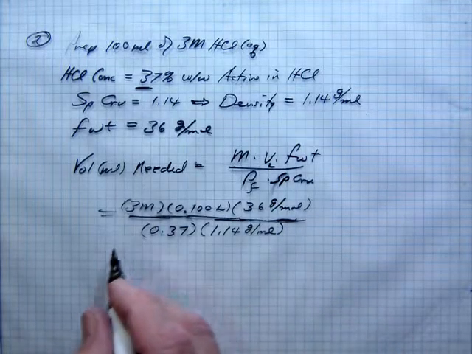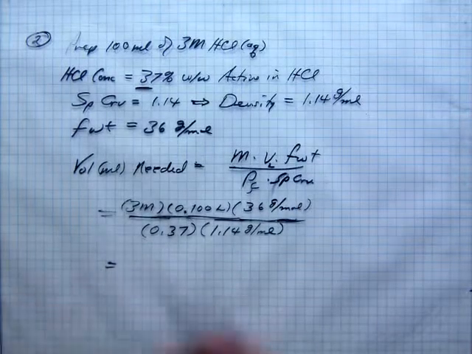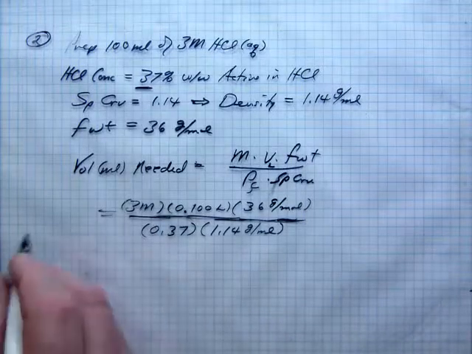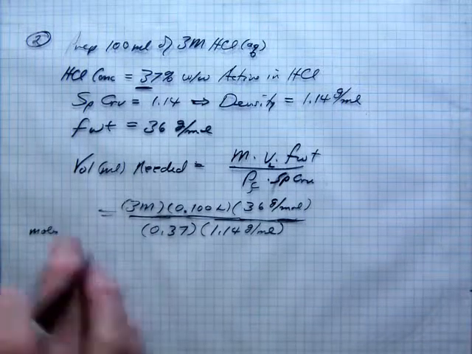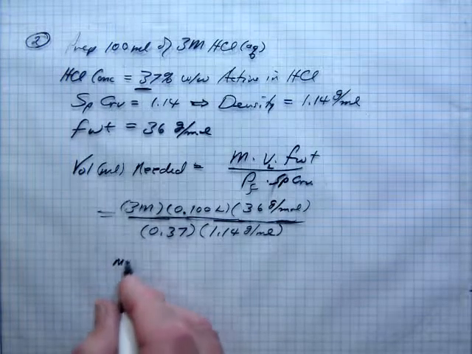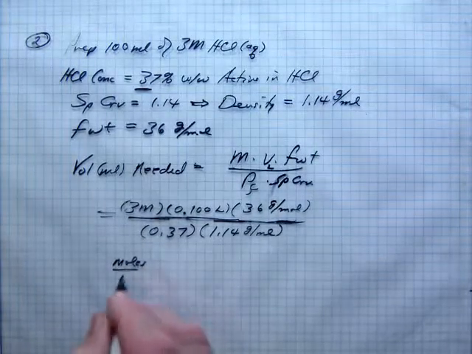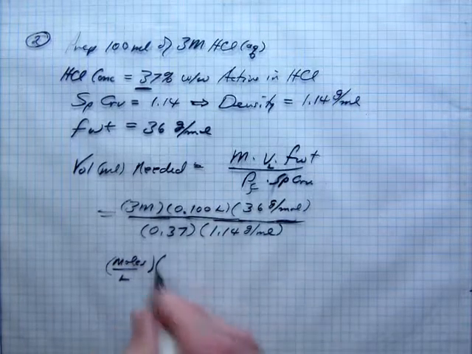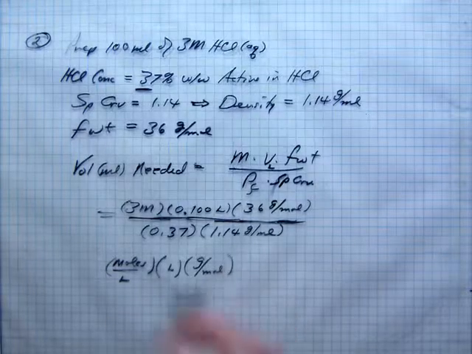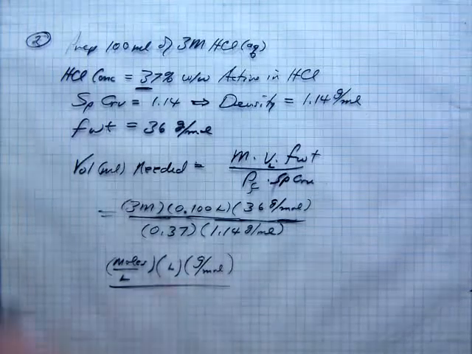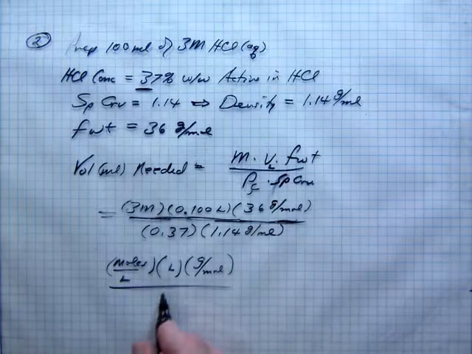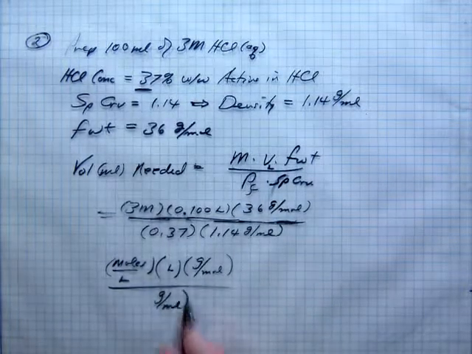So if we just look for a second at the sidebar, molarity is moles per liter, times liters times grams per mole, and that's going to be divided by the purity factor, which doesn't have any units, it's a percentage thing, and divided by grams per milliliter.